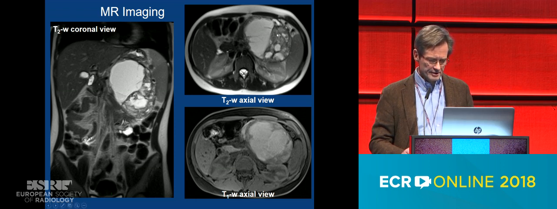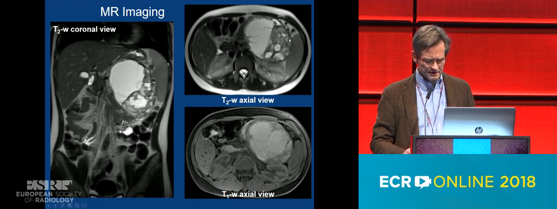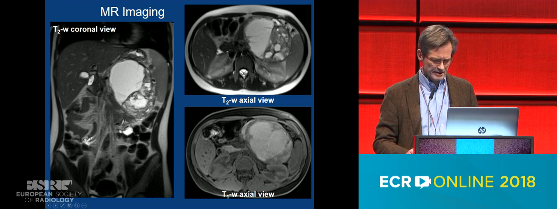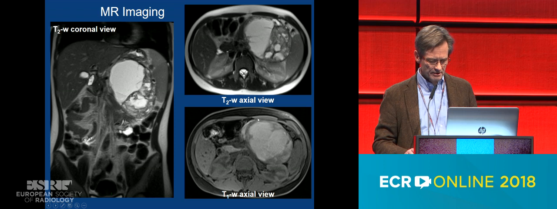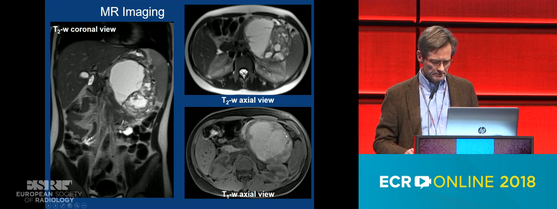You have other areas of hypointensity inside the tumoral lumen, and on the axial T1 weighted imaging, part of this internal content is spontaneously hyperintense.